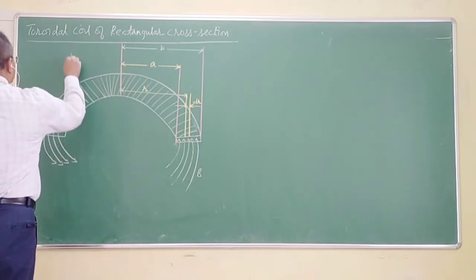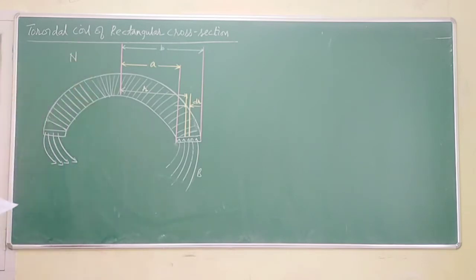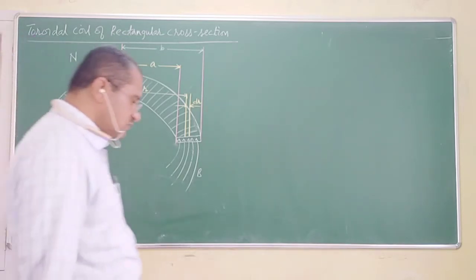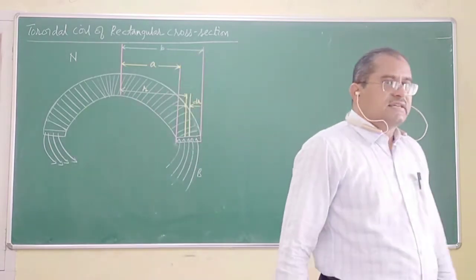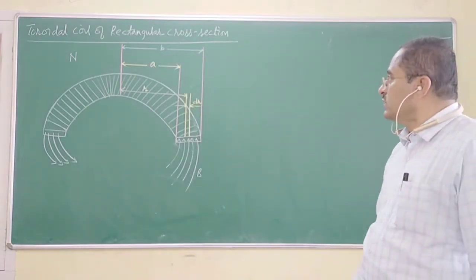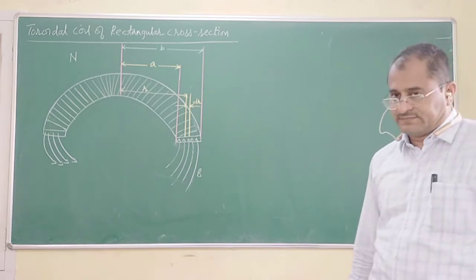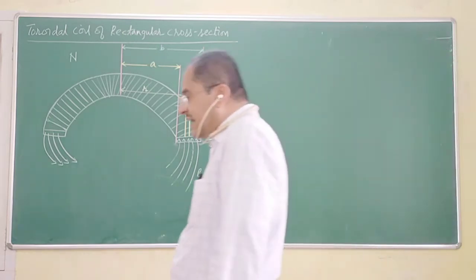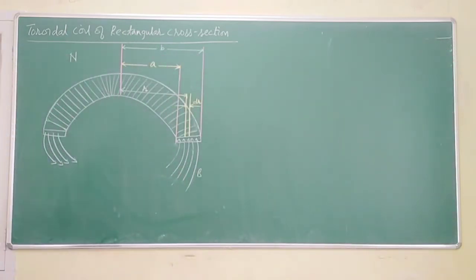Let N be the number of turns uniformly distributed over the circumference of this toroidal coil.